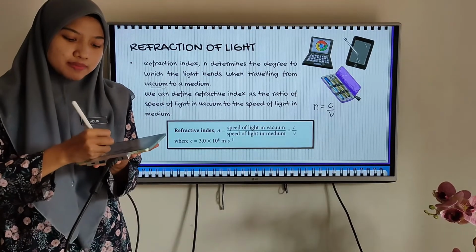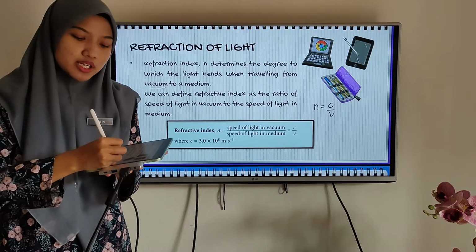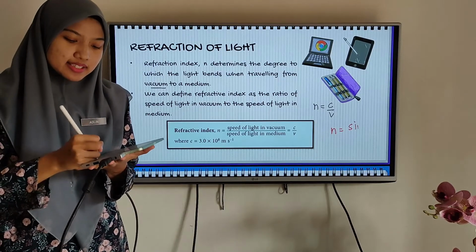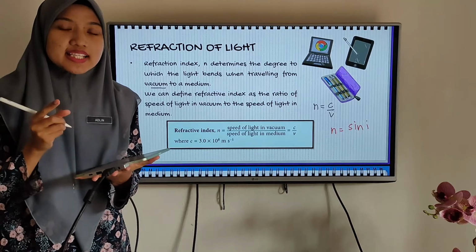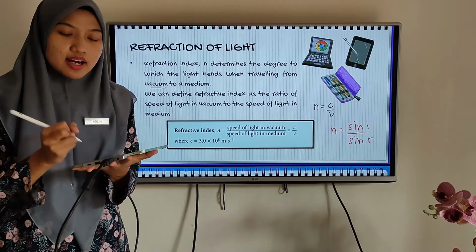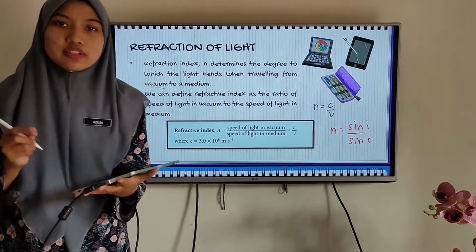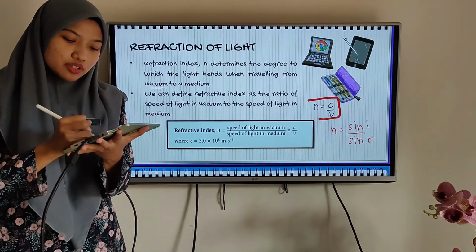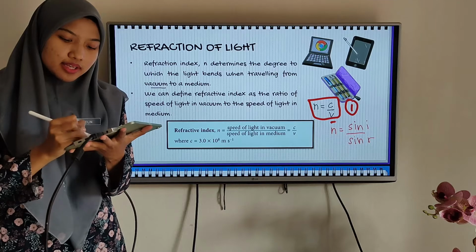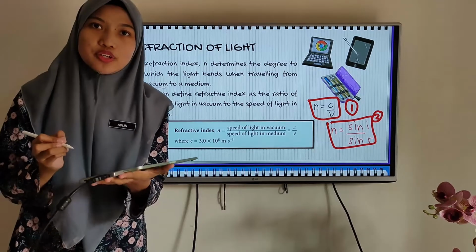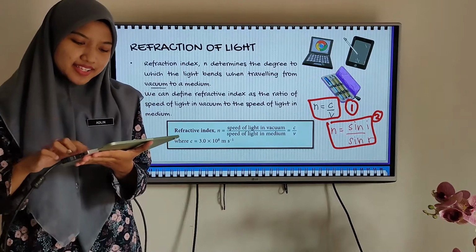You have to remember this formula: n equal to sine i divided by sine r, where i is the incident angle and r is the refracted angle. Alright, so you have two equations, 1 and 2. Okay, you get it?